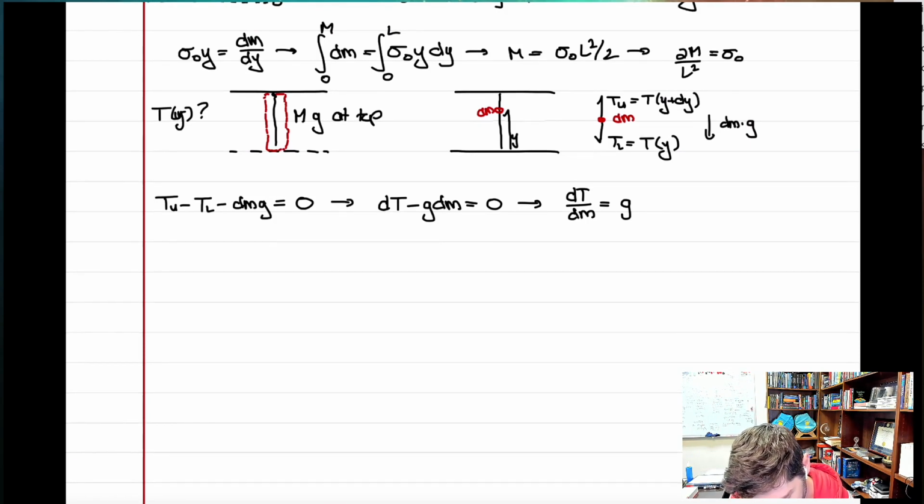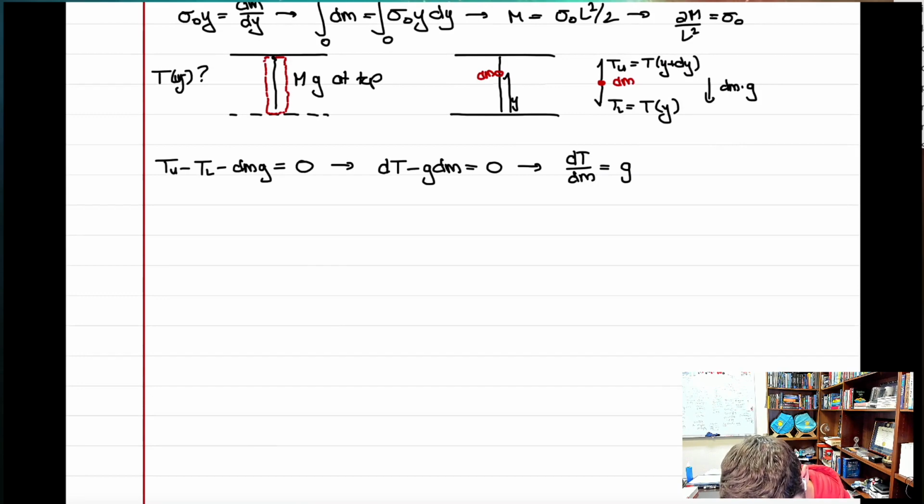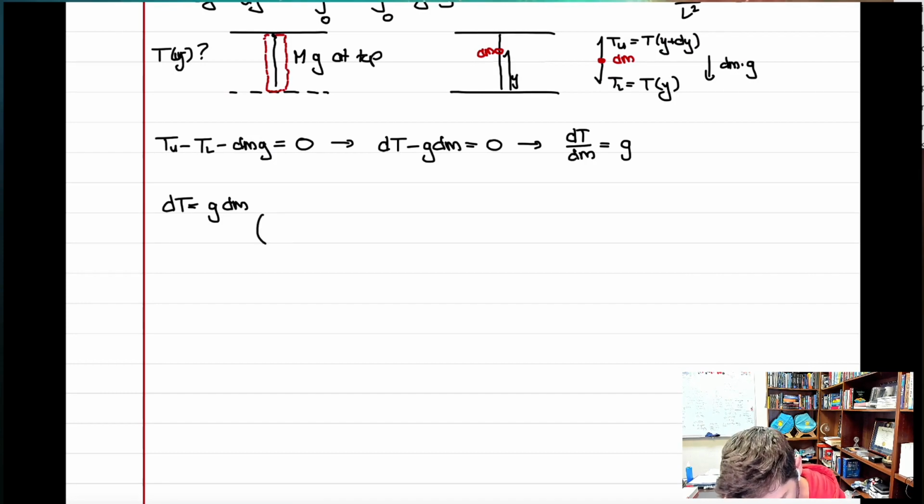But how could I instead write this as a function of y? Right, dT equals g dm. But now I need to bring in that I said before that dm/dy is equal to sigma naught times y, which then implies that dm is sigma naught y dy.